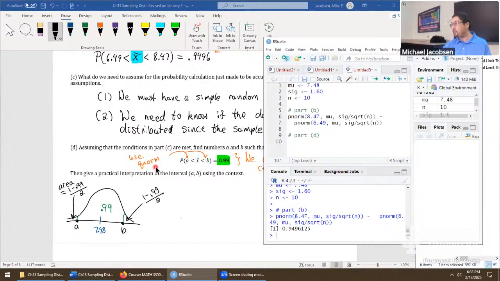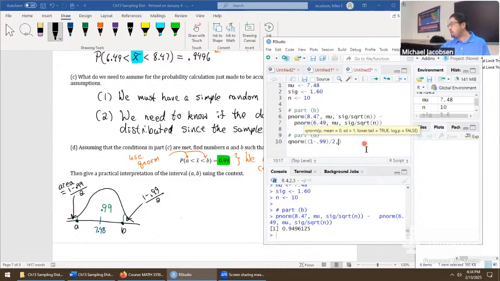We're going to use the q-norm function. Areas are probabilities, so we can just write in 0.01 divided by 2. But if you're in the habit of being super careful, no harm in going 1 minus 0.99 halves. Now it's RStudio's problem to take care of that.